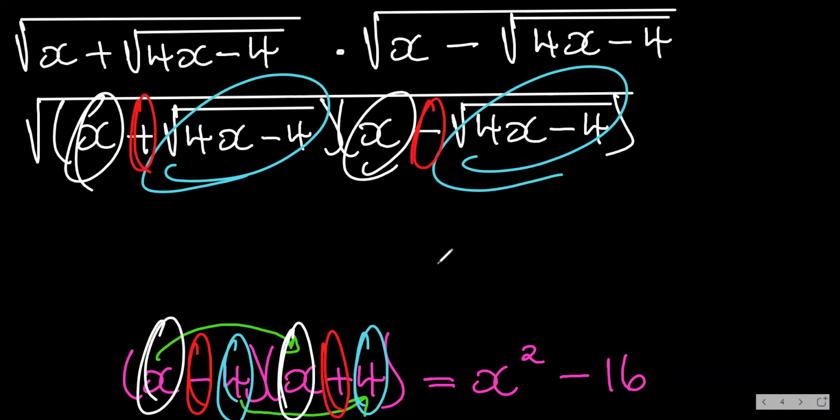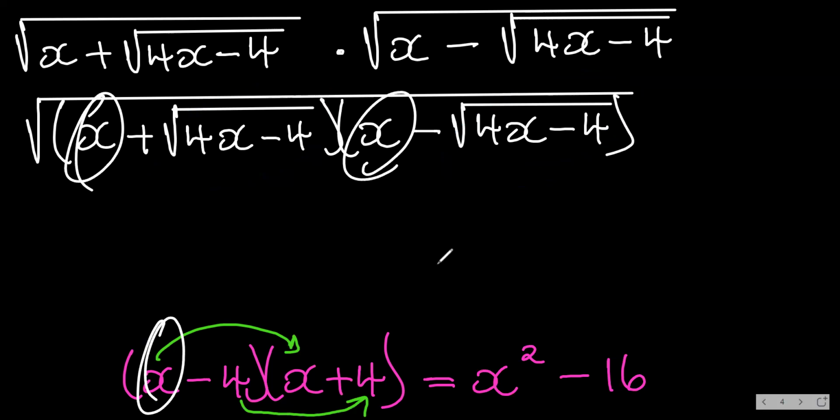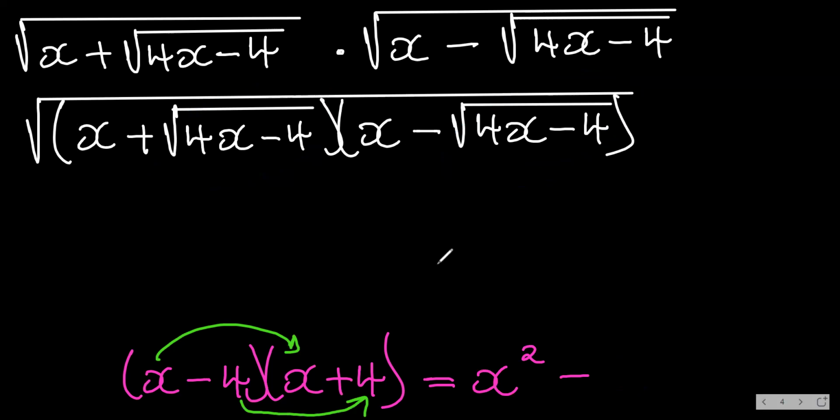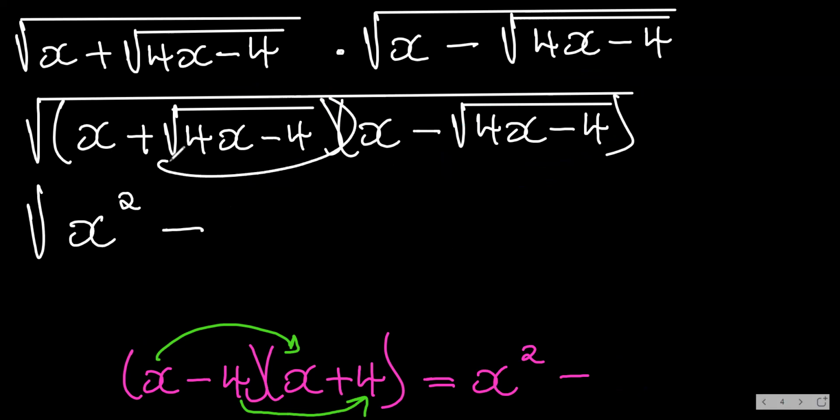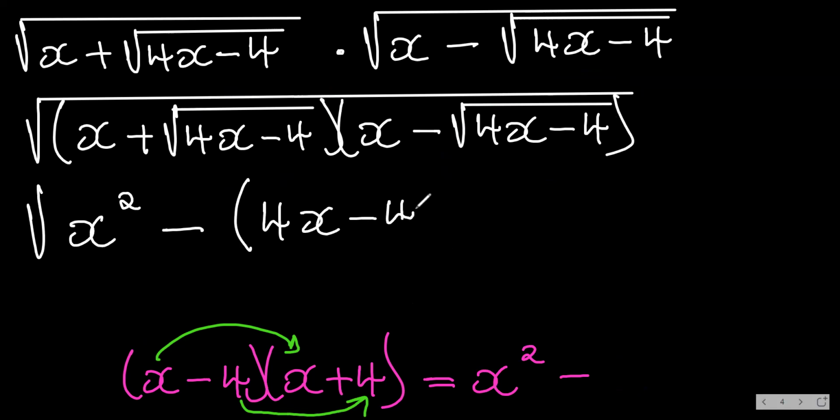So this means we have conjugates of one another. And how do we deal with those conjugates? We multiply the first terms together, so x multiplied by x, we get x squared. Then we say minus the square root of 4x minus 4 multiplied by square root 4x minus 4. Well, the square roots will cancel out. We are just left with 4x minus 4.